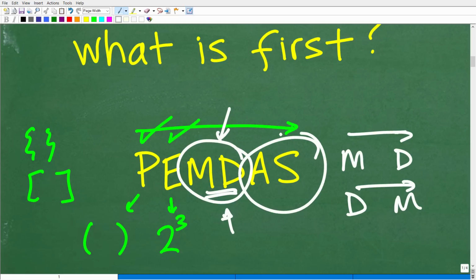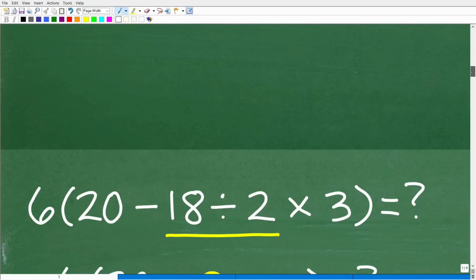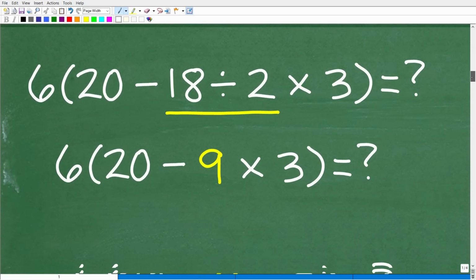And then A and S stand for addition and subtraction, and it works the same way as multiplication and division. We're going to do whatever we see first from left to right. So this is the first thing we really need to understand. There is another component to this problem to get the right answer, but I'll address that in a second. So let's go ahead and continue down here, and let's take a look at our problem.